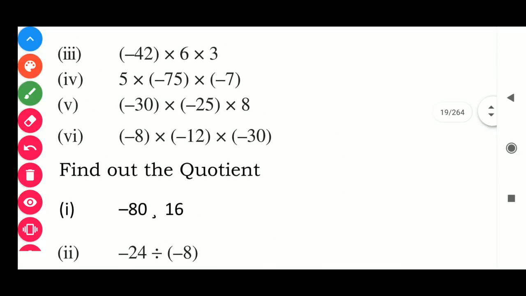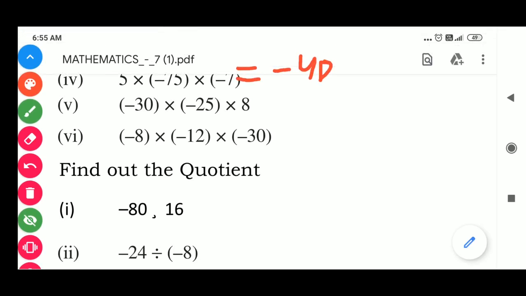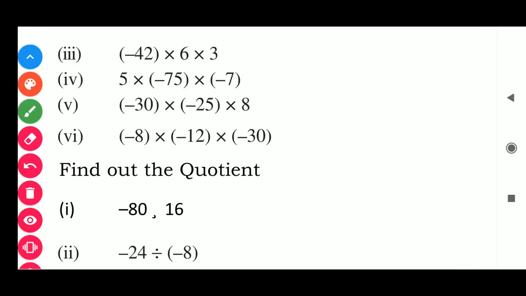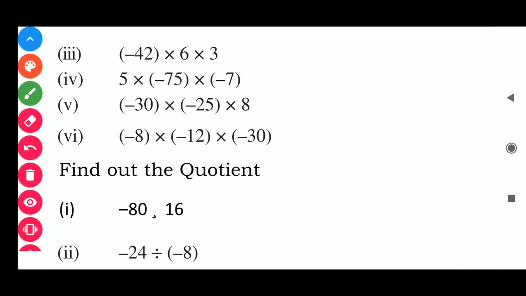Now come to the third question. Third question is minus 42 into 6 into 3. So first of all, minus 42.